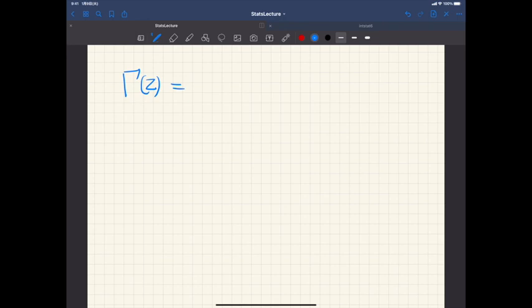Sorry, this is the integral from 0 to infinity of x^(z-1) times exponential of minus x dx. Here, this z, the variable here, is actually a complex number.